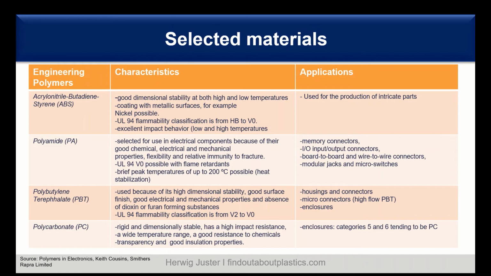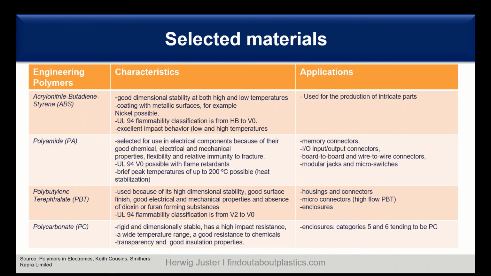So we have also a UL94 V0 with the use of flame retardants, and we can also withstand temperature up to 200 degrees C with the heat stabilization. Applications also a large field ranging from memory connectors, input-output connectors, board-to-wire, wire-to-wire connectors, so connectors in general, also modular jacks, micro switches.